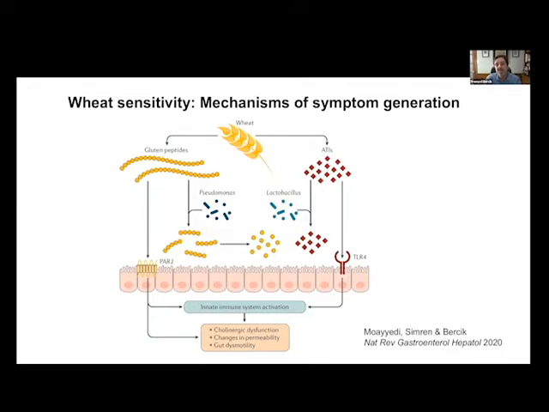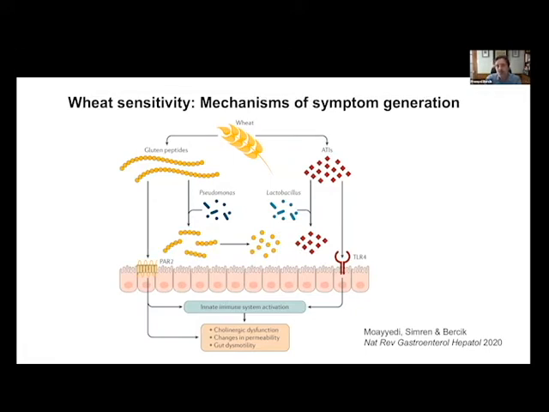In gluten sensitivity or gluten-sensitive IBS, we think that the gluten peptides can be acting through PAR2 and stimulating the immune system. But there were several studies recently showing that, for example, Pseudomonas can modify the gluten peptides, cleave them, and magnify the immune responses in patients containing these microbes.